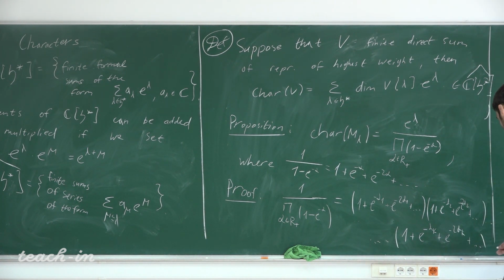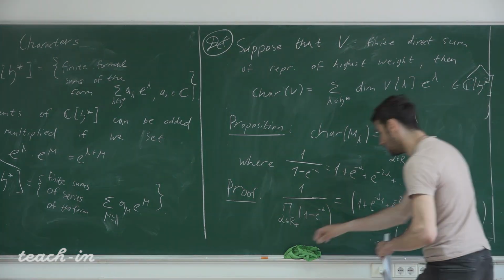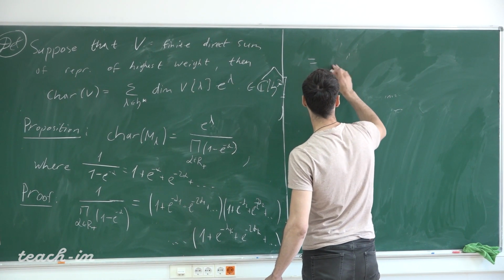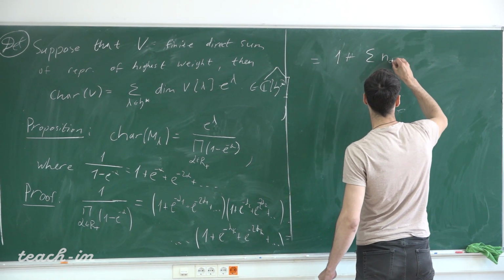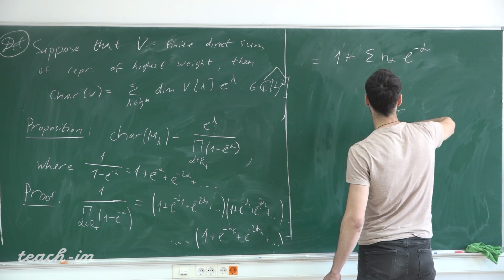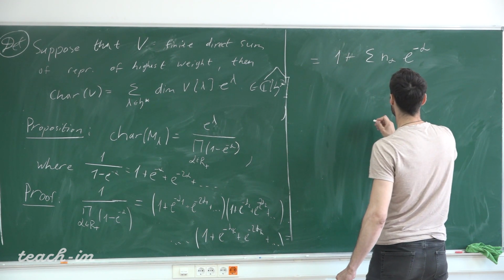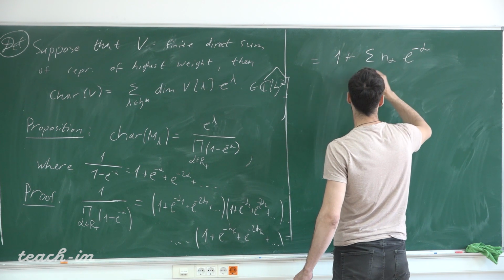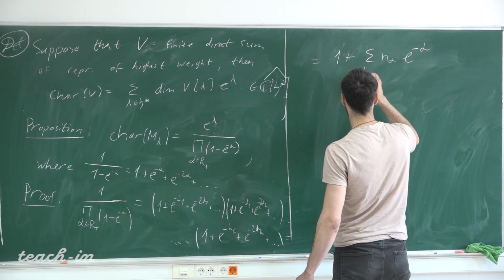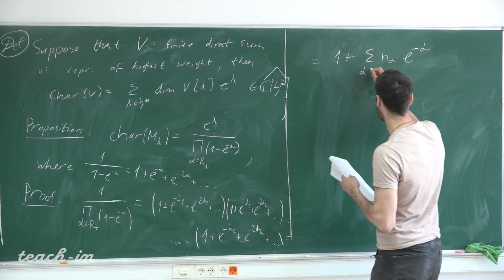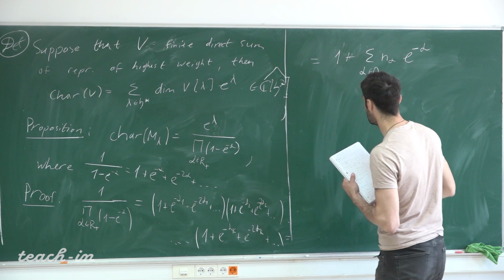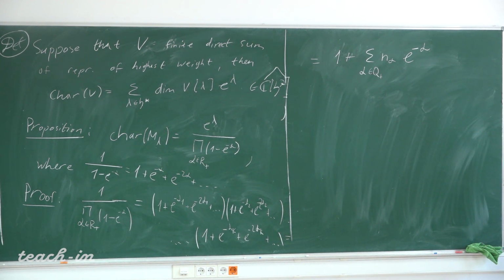And then this equals an expression like this: 1 plus a sum, with some coefficients n of alpha, of e to the negative alpha, where alpha belongs to the positive subset of the root lattice.